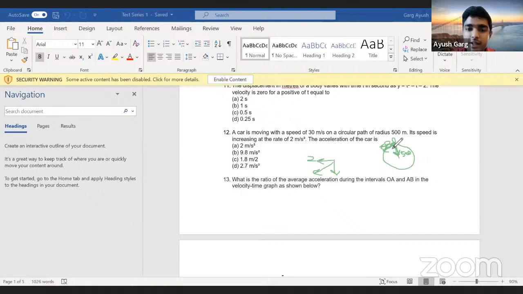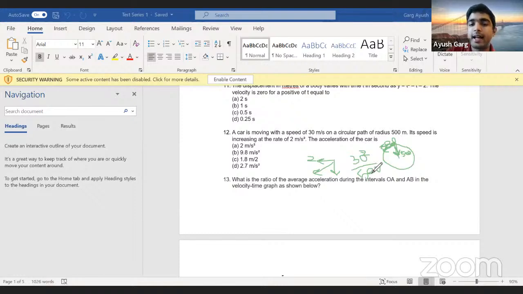But at this particular instant of time, when your speed is 30 meters per second, then your acceleration is going to be v square upon r, 30 square upon 500. Okay, so can you calculate 30 square upon 500 to find out the centripetal acceleration?